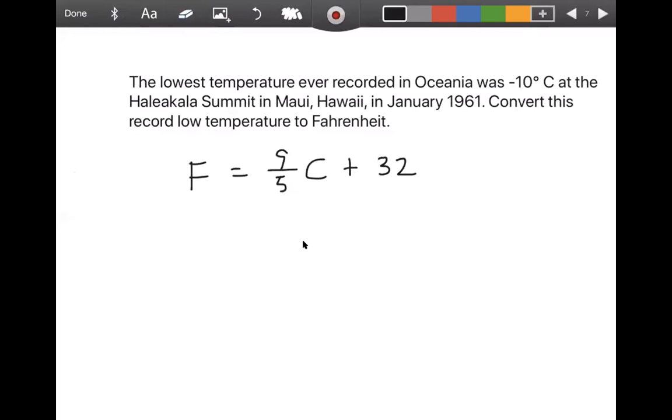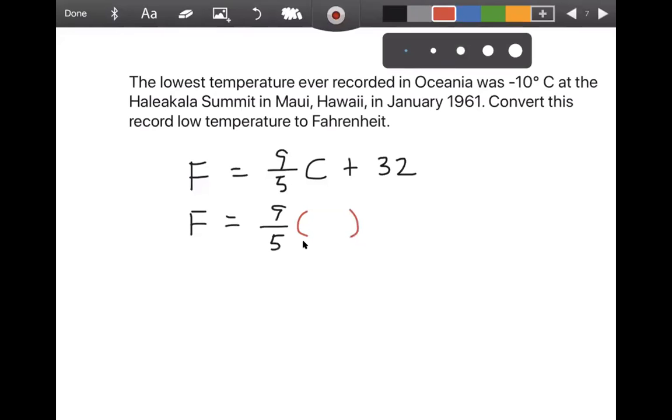All right. So we're given the Celsius temperature is -10 degrees. So that's going to go here. F equals 9/5 times -10 plus 32.